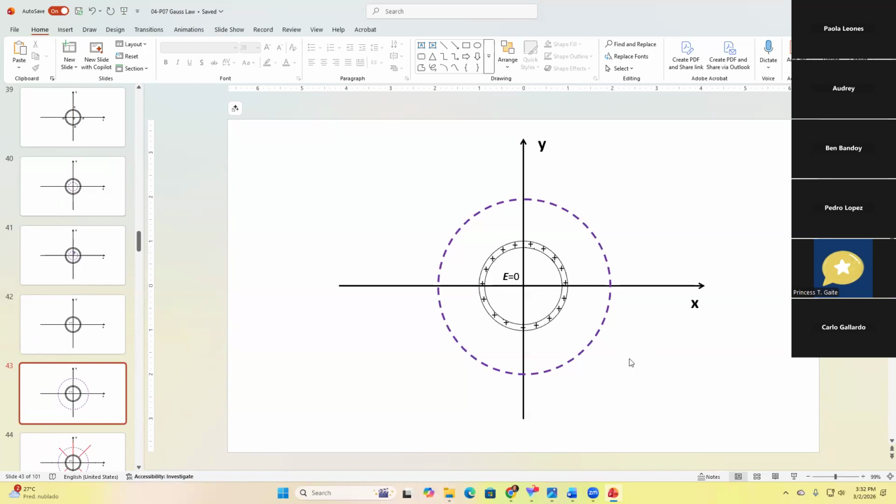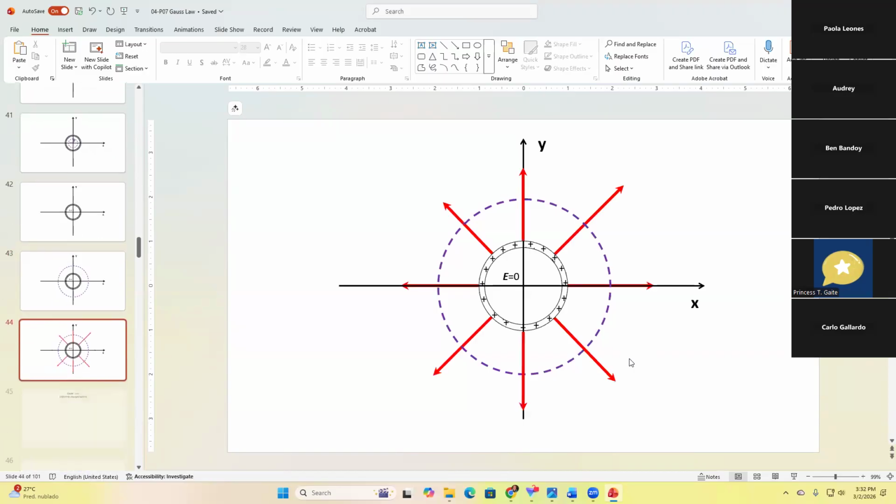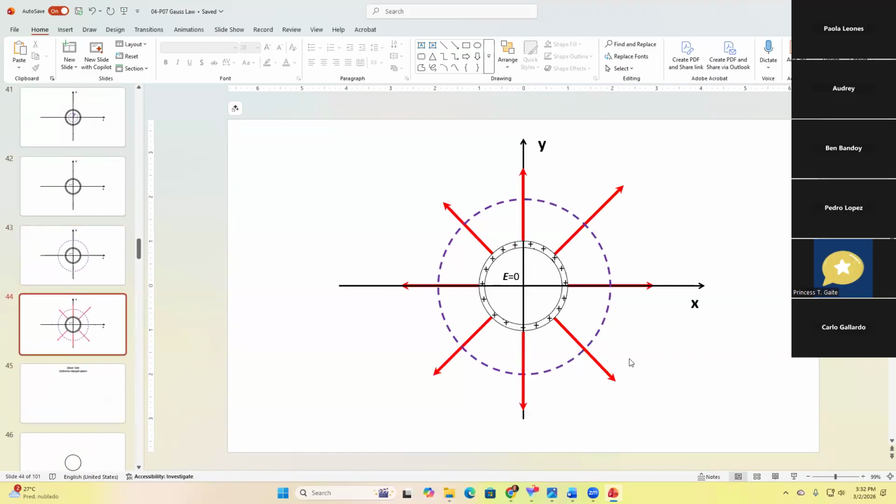We also know that because of the symmetry of this problem, the electric field of this spherical shell must point away from the shell itself. Also, because the concentration of charges anywhere along the surface is uniform, this electric field must be perpendicular, must be normal to the surface.